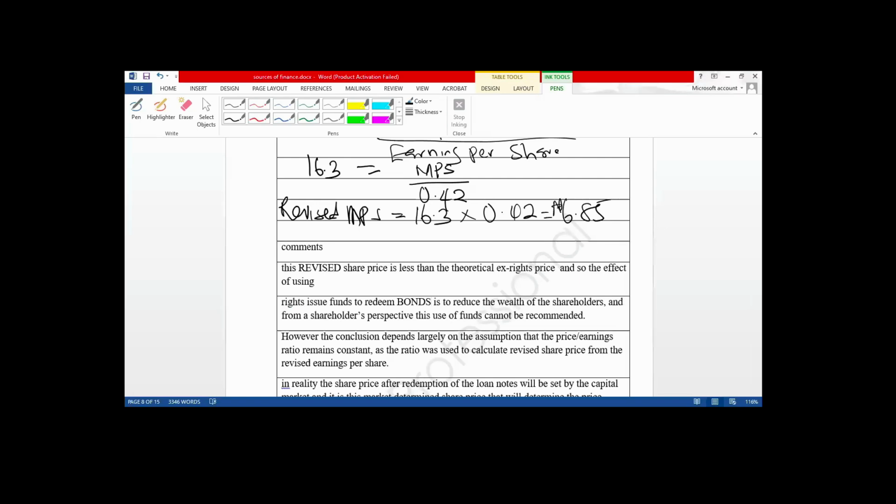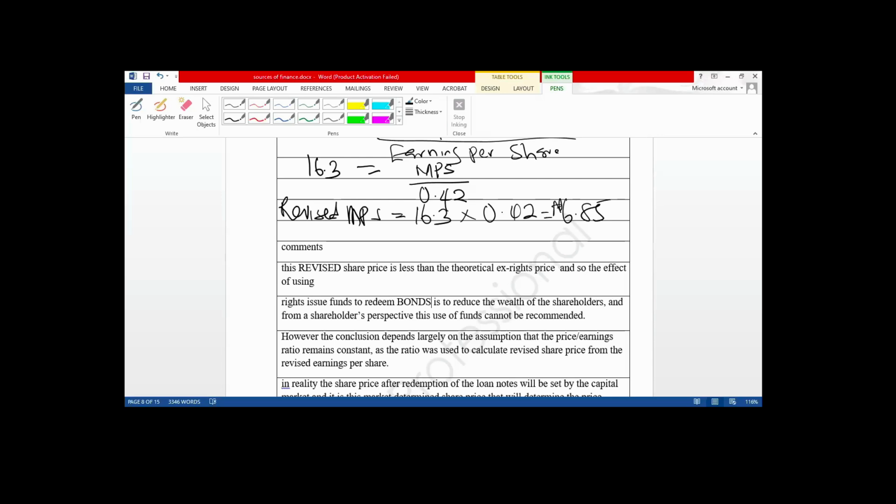From the shareholders' perspective, this use of funds, using the fund raised from the right issue to repay the existing bond, cannot be recommended.